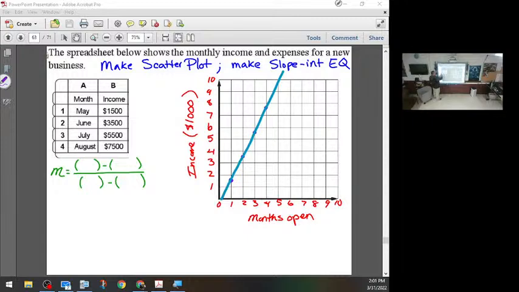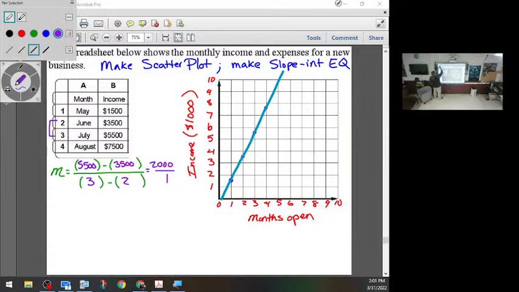I'm going to go with June and July because those are my favorite months of the year. 5,500 minus 3,500, 3 minus 2 is 2,000. My slope is just 2,000 a month.